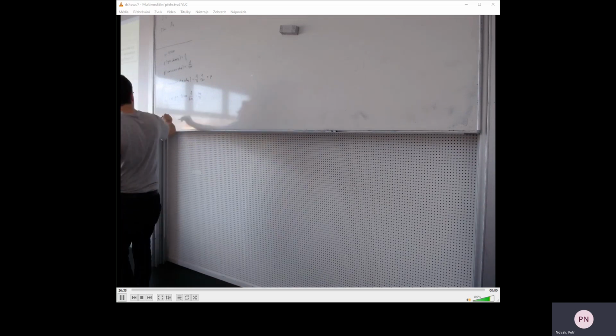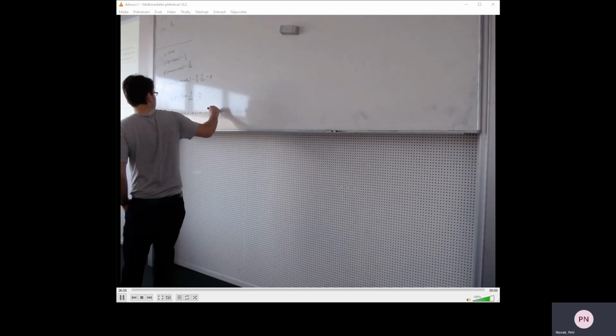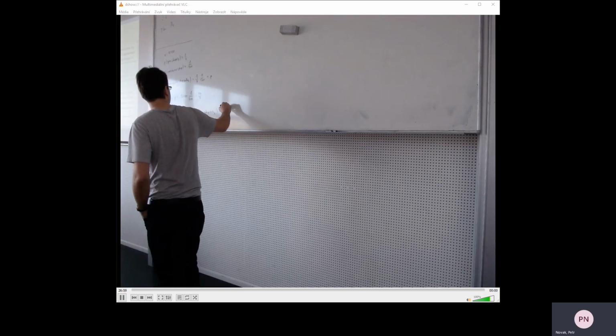Okay, and the probability that exactly k people will come to our shop today can then be approximated with lambda to the power of k over k factorial, e to the power of minus lambda.